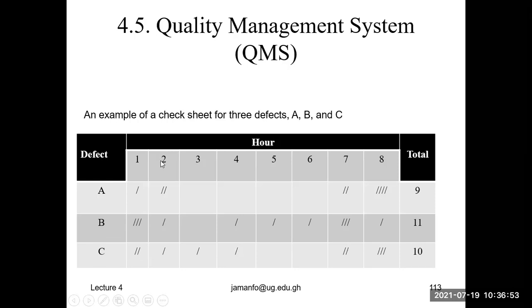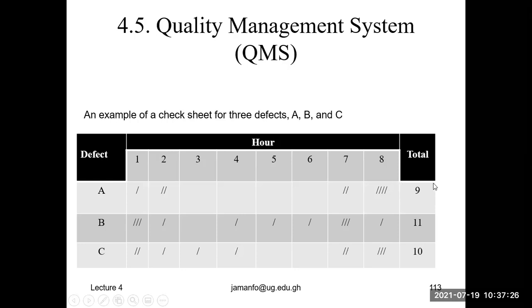In the second hour, the products we produce, as they come out and we examine them, we saw that 2 of them had defect A, 1 had defect B, and one had defect C. In the third hour, no defect A, no defect B, but 1 defect C. Fourth hour, the same thing, no defect A, 1 defect B, 1 defect C. We go on to the end of the day, the 8 hours.